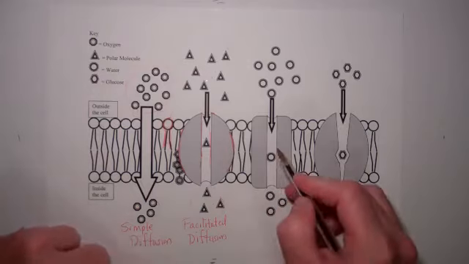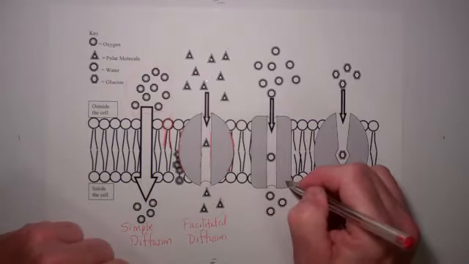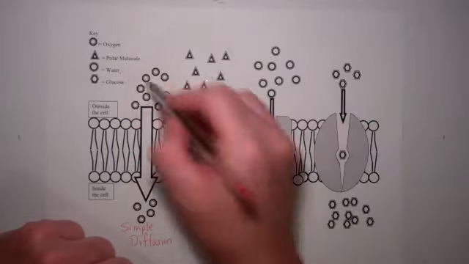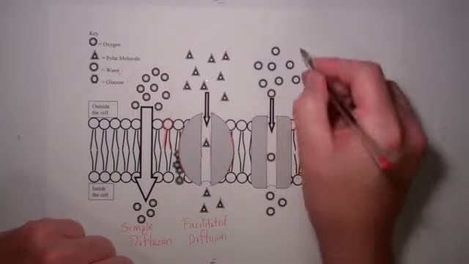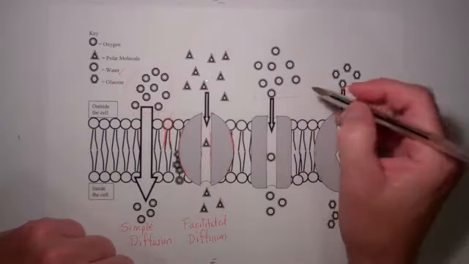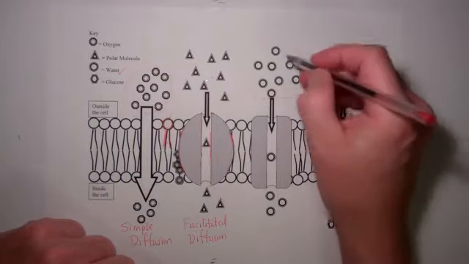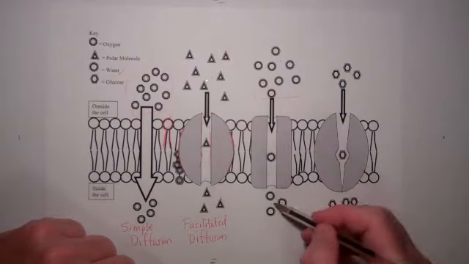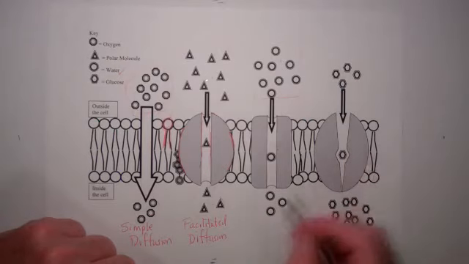Now, the next diagram is basically the same thing. We're looking at facilitated diffusion. But again, if you look at our key over here, these molecules are water molecules. So we have a special term for when water molecules move from a high concentration to a low concentration through a membrane. We call that osmosis.